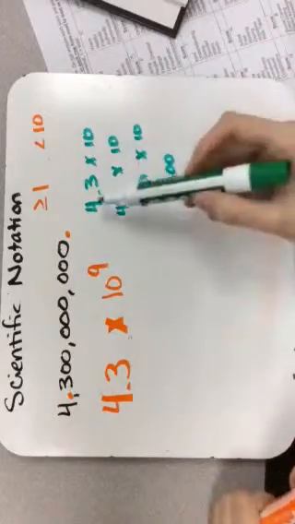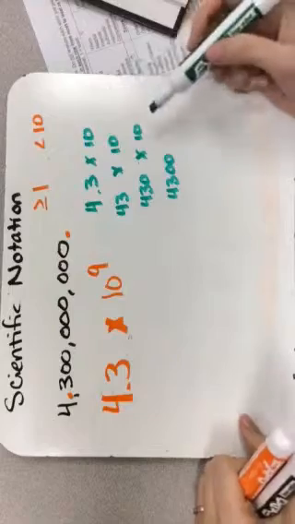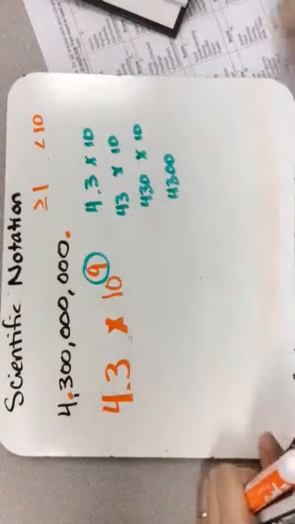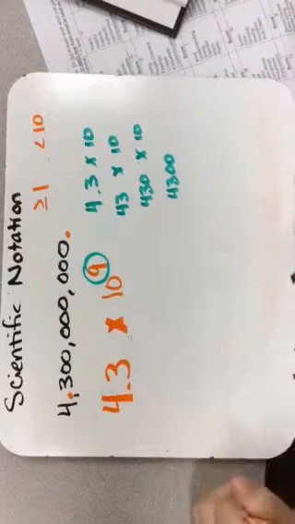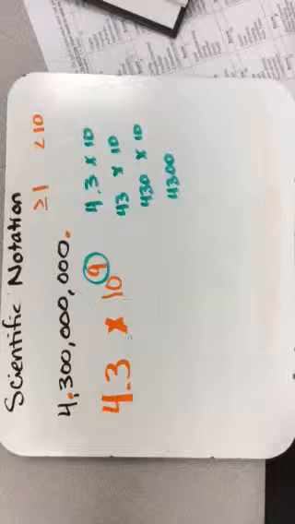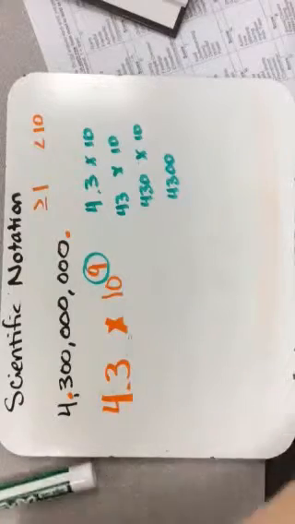To get from 4.3 to 4,300,000,000, you would have to do this 9 times. That's what that exponent means. I'm not going to do it all 9 times. That's too crazy.